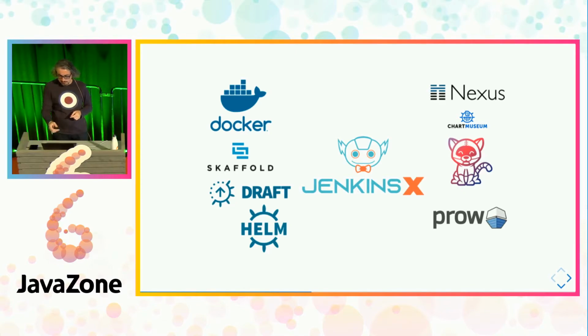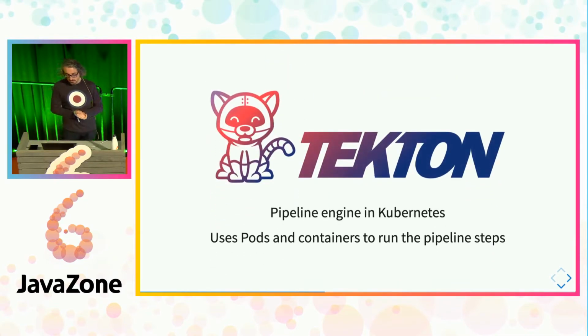And I'll talk about the other ones, Tekton and Prow. So Tekton is another new open source project that spun out of Knative, a project from Google. Tekton used to be Knative Build. It's a pipeline engine for Kubernetes, where all the steps in the pipeline are running as containers and pods, right?